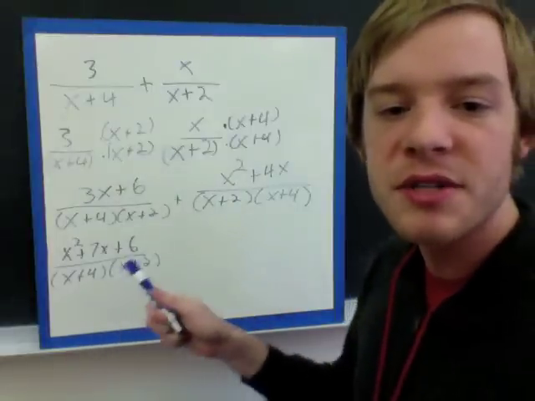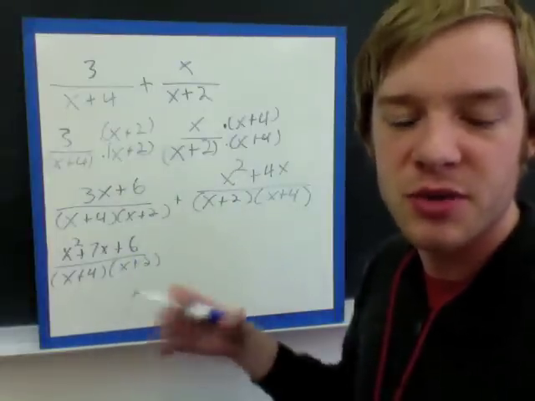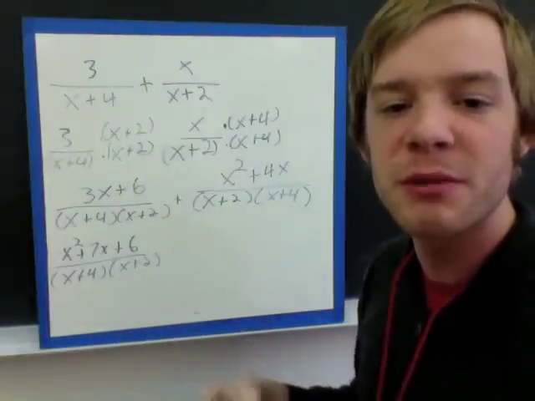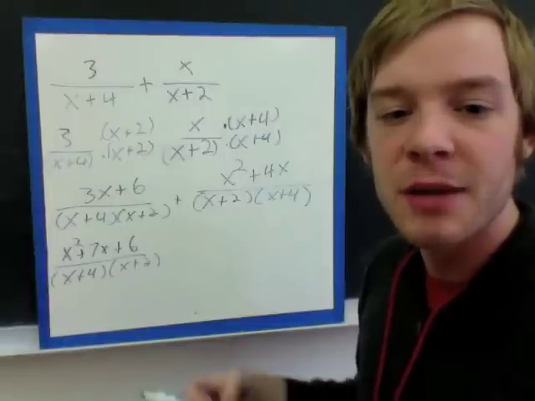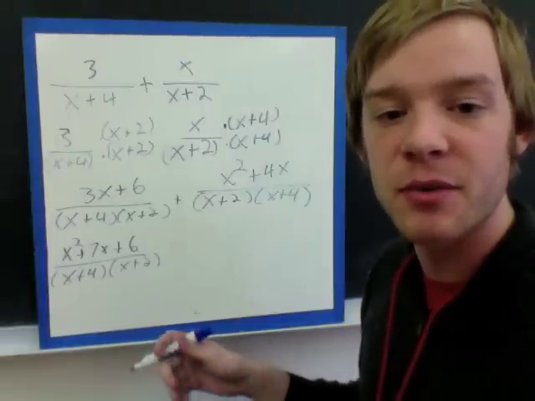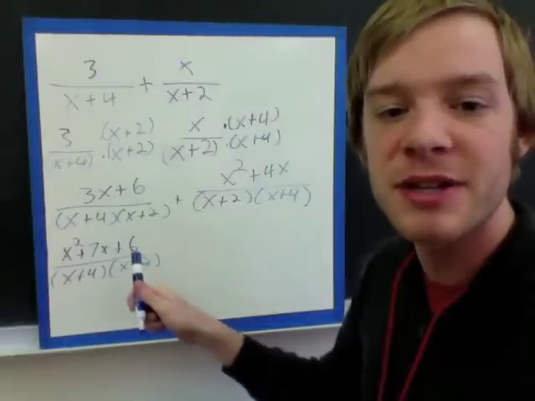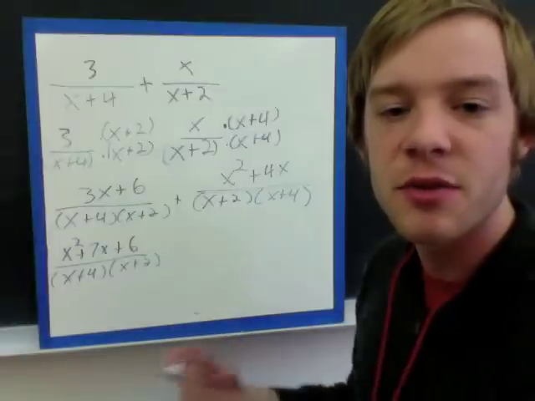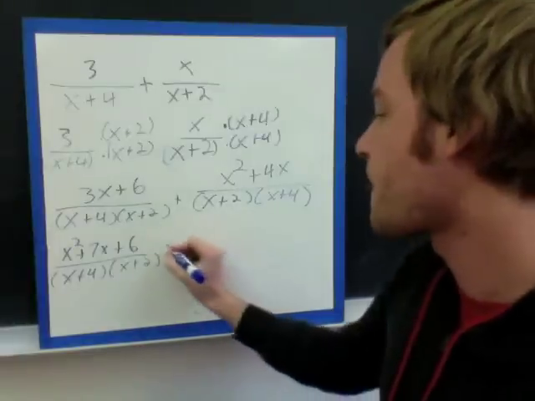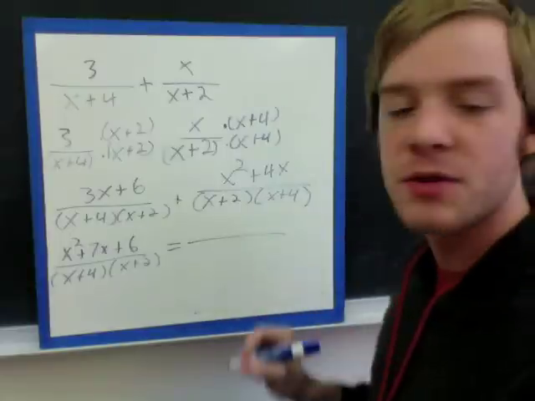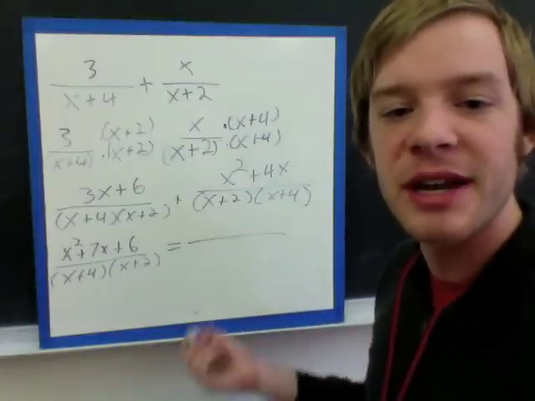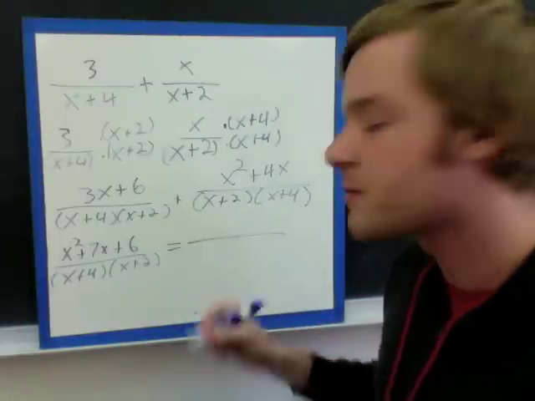Now, I want to see if I can factor this numerator. As we saw in the last example, we won't always be able to factor, but we always need to check, because in this case we can factor it. If we're looking for two numbers that multiply to 6 and add to 7, those numbers would be 6 and 1. So when I factor the numerator, I'm going to get x plus 6, x plus 1.